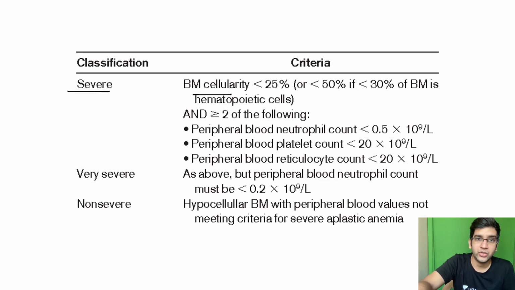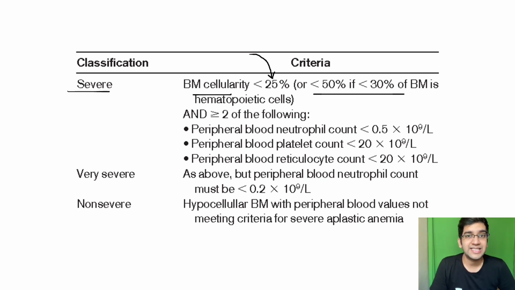A bone marrow cellularity of less than 25%. In general, I call it that, but this also you should keep in mind. If it's less than 50%, if less than 30% of the bone marrow is hematopoietic cells, right? I'm sure you understand. I'm having a bone marrow where I'm not having hematopoietic elements at all. Very few hematopoietic elements only are seen. Other things, it can be serous atrophy or hemorrhage or trabecular bone only.